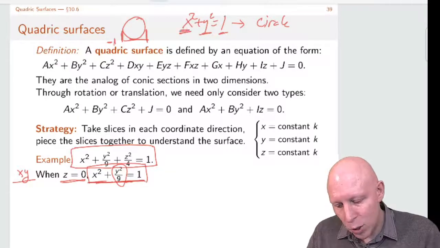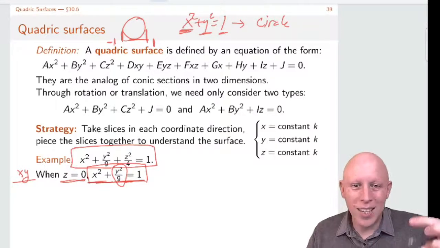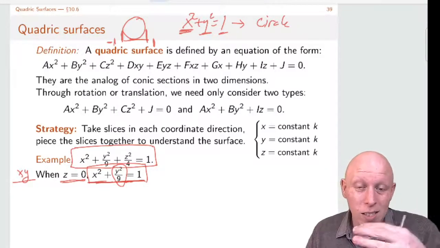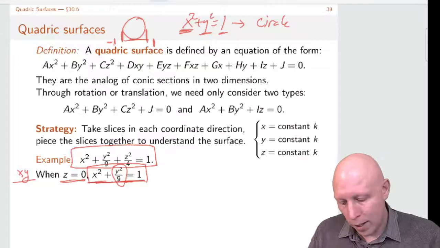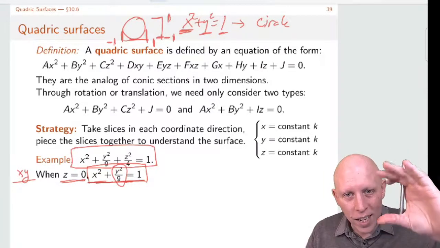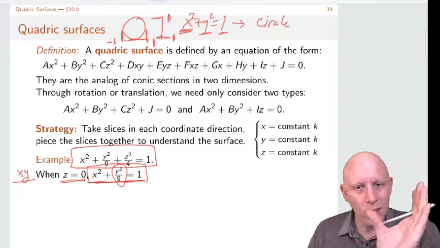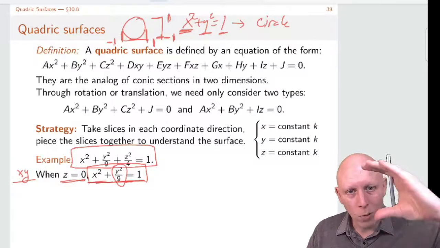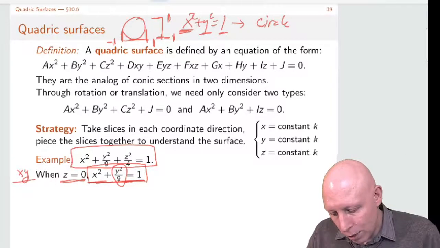So x can be between -1 and 1, and then x squared is less than or equal to 1. Similarly, y is between -1 and 1. That tells us our circle is between -1 and 1 in both directions, so we have a circle of radius 1.